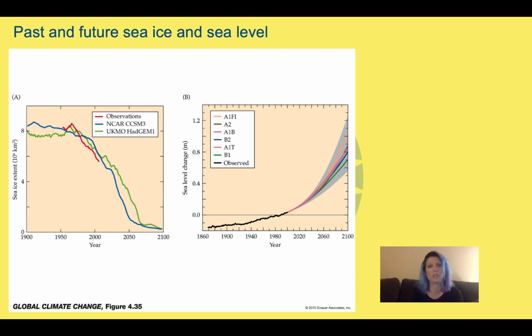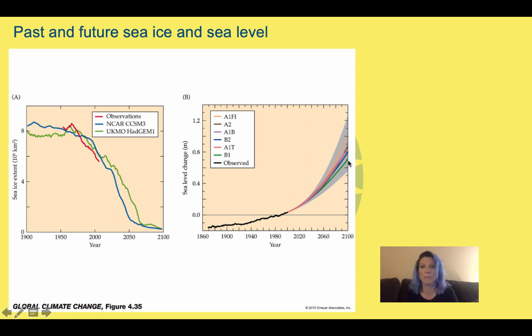I think I've already shown you a similar graph to this when we were talking about sea ice and sea level. The sea ice has been steadily declining, and the sea level has been steadily rising. This is a little bit different though, because it shows you how the different scenarios would affect the sea level rise.